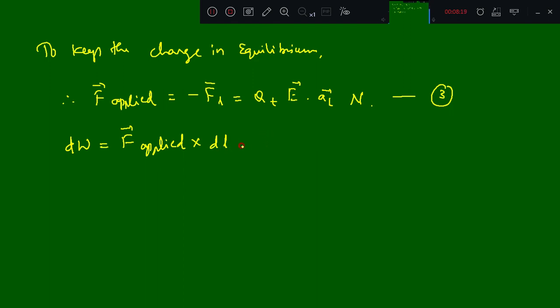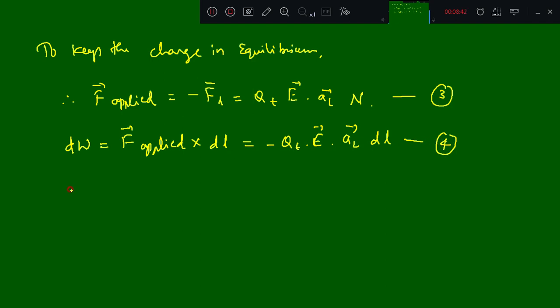So this gives minus QT E a_L into the distance dl. So this you can call equation number 4.